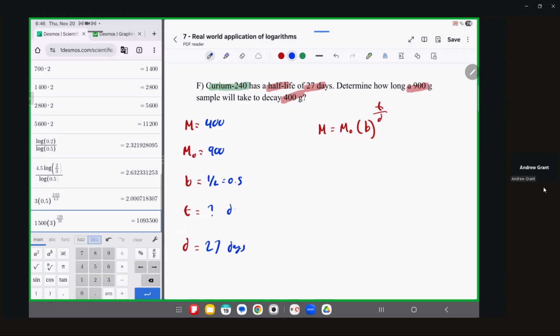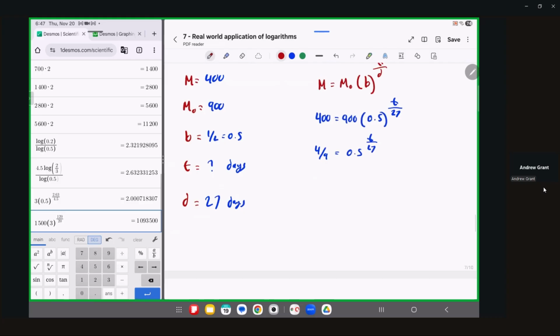And so we don't know what t is, but we know t will be solved for in days. And so we end up with 400 is equal to 900 times 0.5 to the power of t over 27. Dividing both sides by 900, we end up with 4/9 is equal to 0.5 to the power of t over 27.